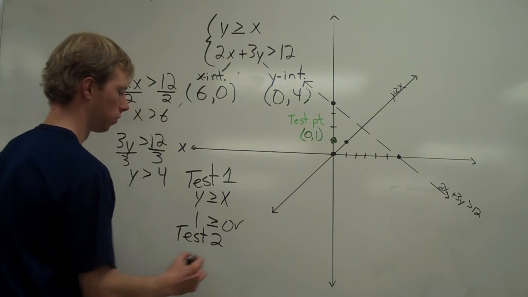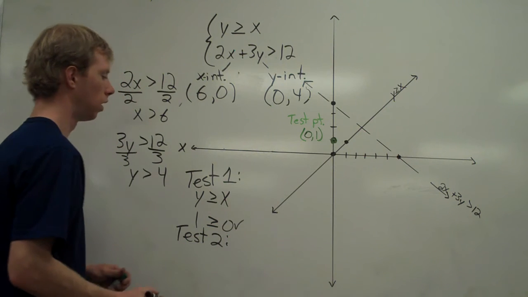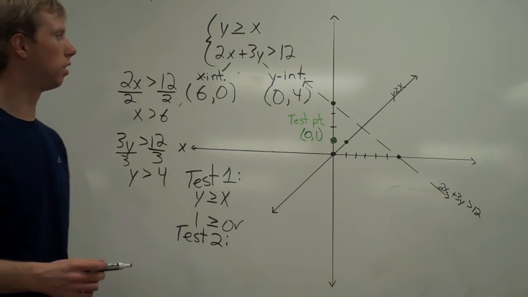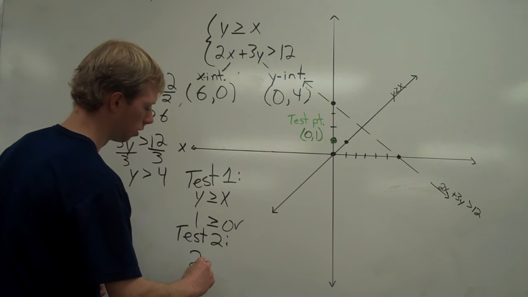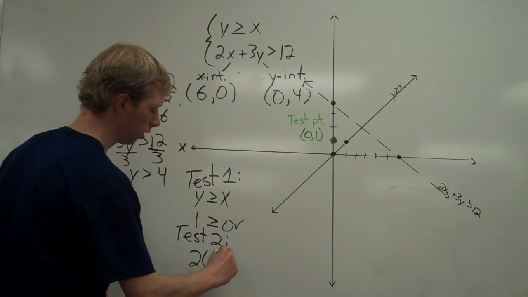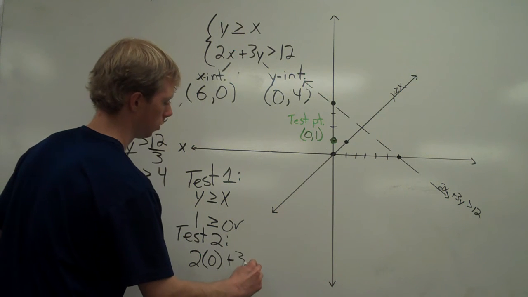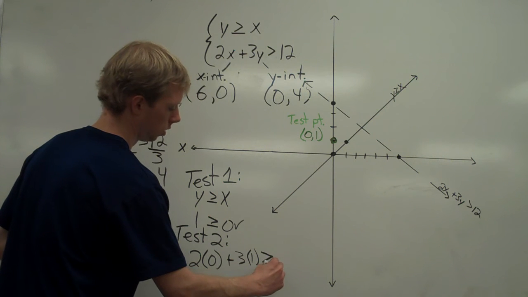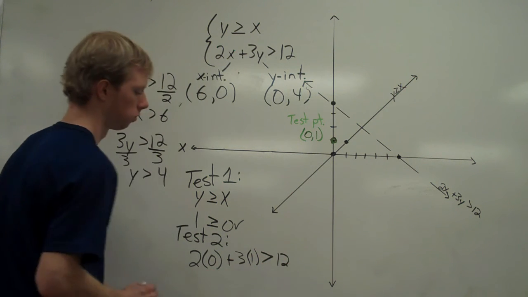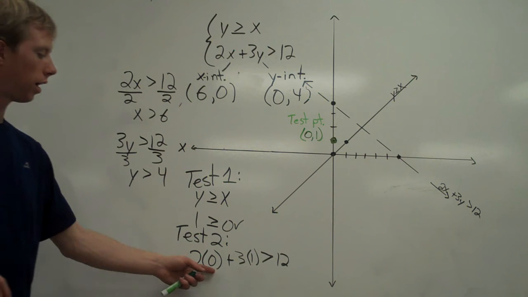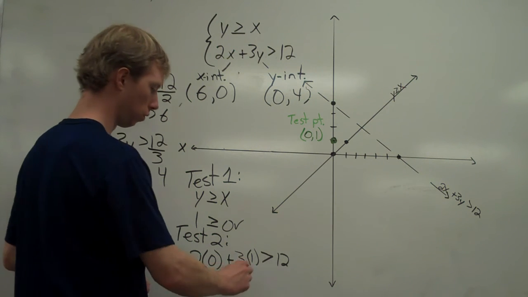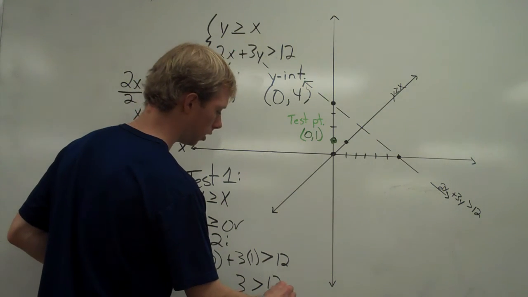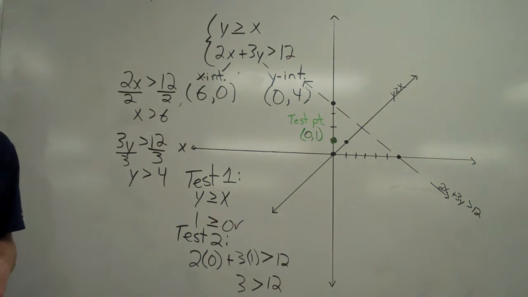This is test 2. Test 2 says put 0 and 1 in for x and y. 2 times 0 plus 3 times 1 is greater than 12. Well, here I have 2 times 0 being 0, 3 times 1 being 3, and it leaves me with 3 is greater than 12. Now I know that not to be true.